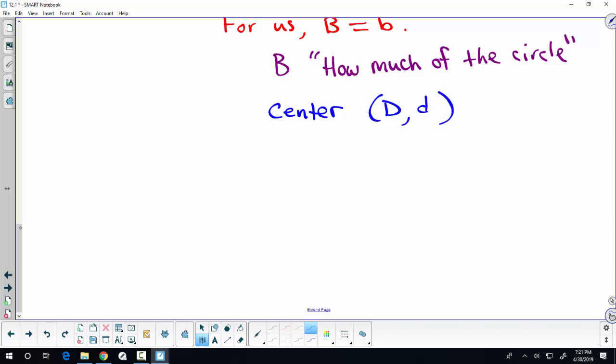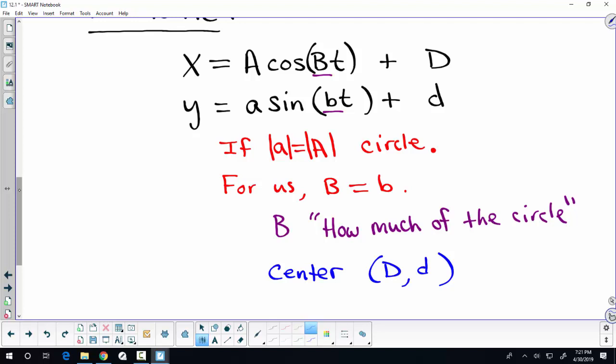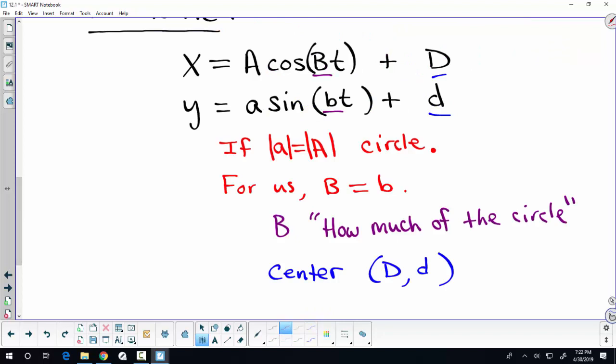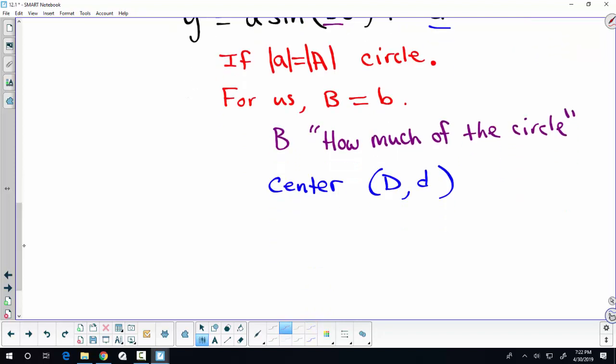So the D's affect the center. Someone said it already, the A is the radius. The radius is the magnitude of A.